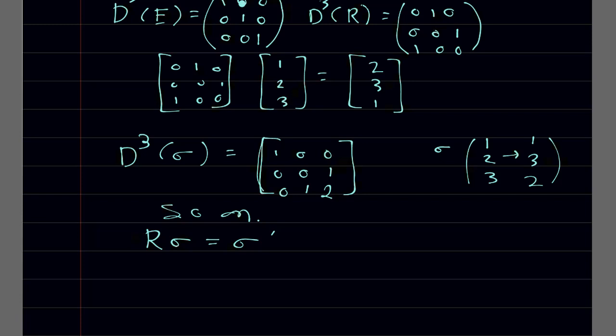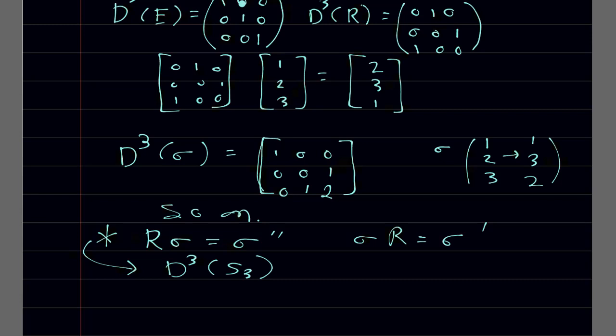R sigma gave sigma double prime, and sigma R gave us sigma prime. And so whatever relation is followed by these elements, we can check that the same relations are followed by the representation of the permutation group as 3 by 3 matrices.